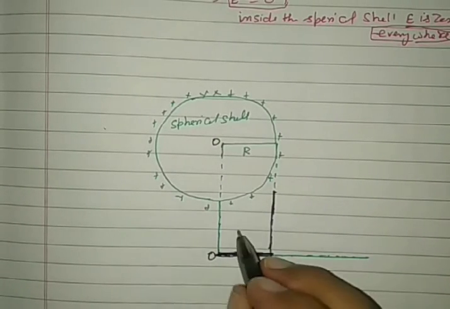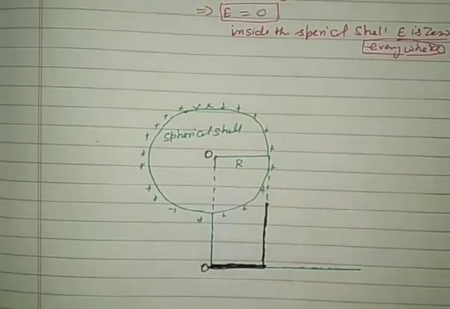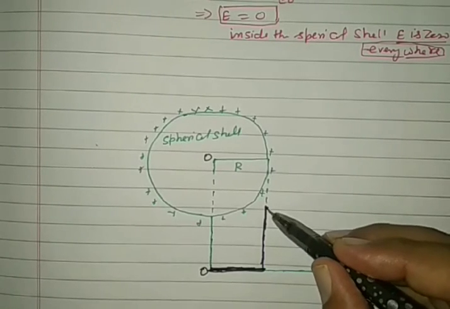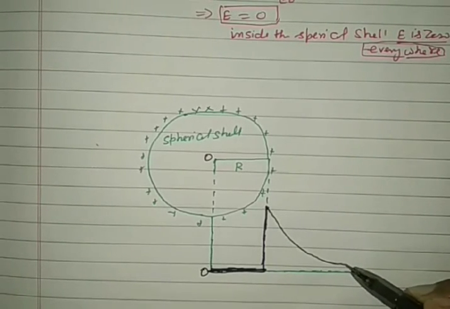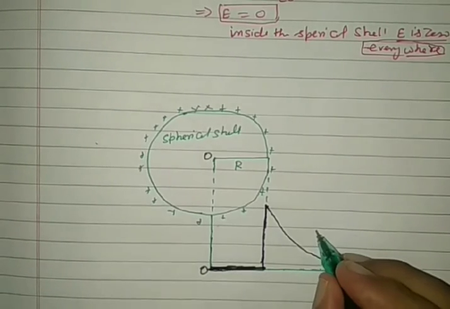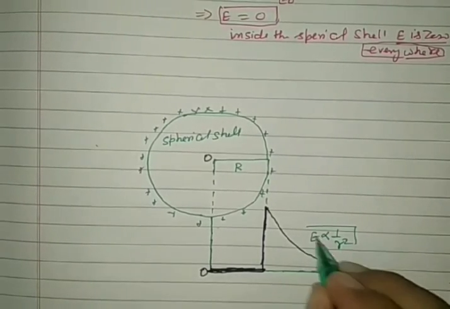Now further moving, when we go outside this, the electric field decreases rapidly. By the formula, E is proportional to 1 by r square.